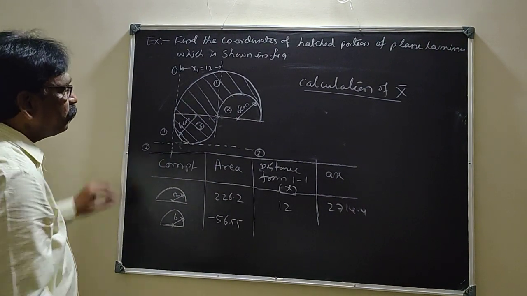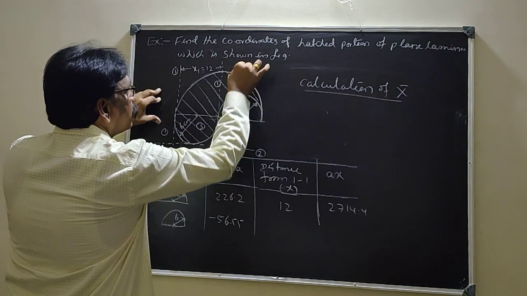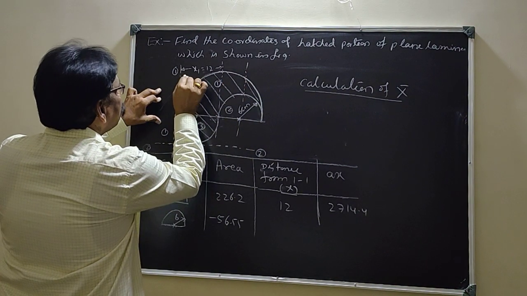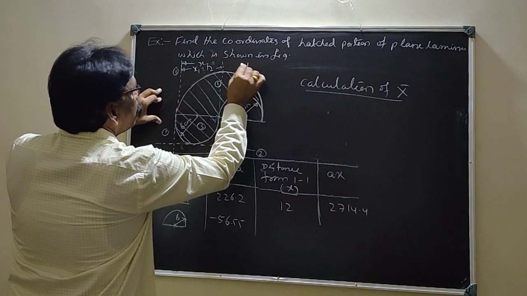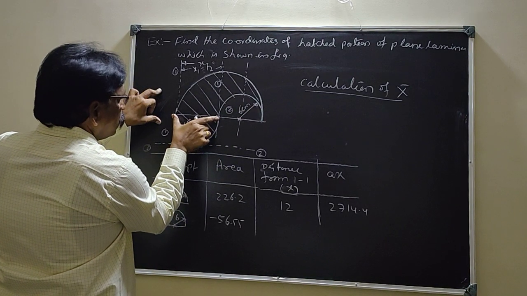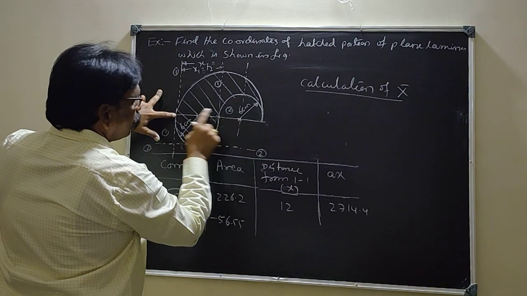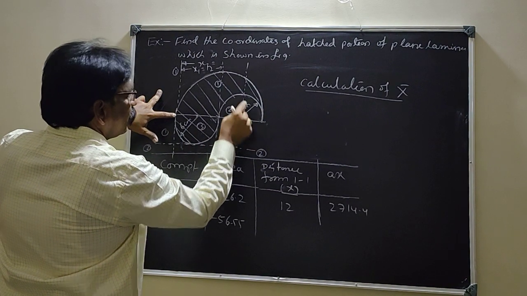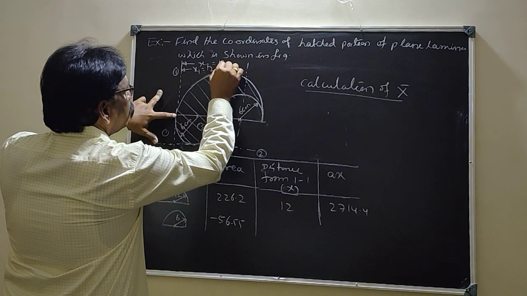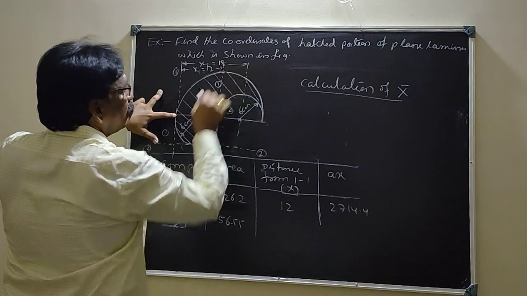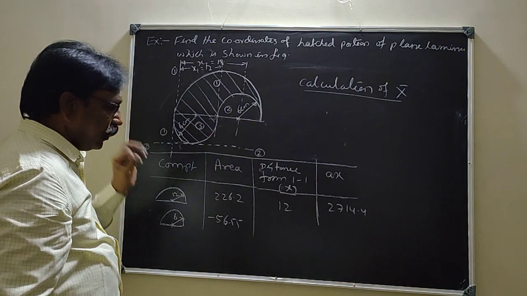And the centroidal distance of this one, this is x2. x2 is equal to, so the total diameter is how much? 24 minus 6, that will be the distance. Am I right? x2 is equal to 18 centimeter. 24 minus 6, that will be 18.